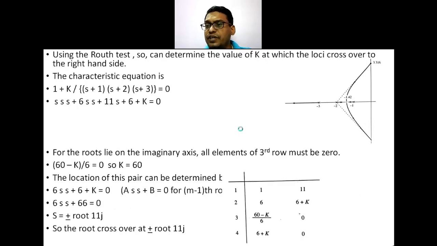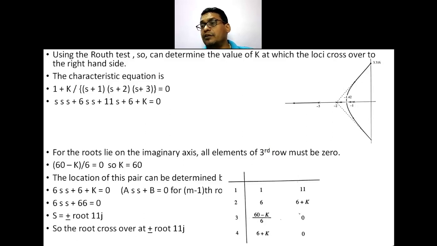Now, we see that these asymptotes may cross the imaginary axis, and accordingly the path followed by the branches will also cross this imaginary axis.